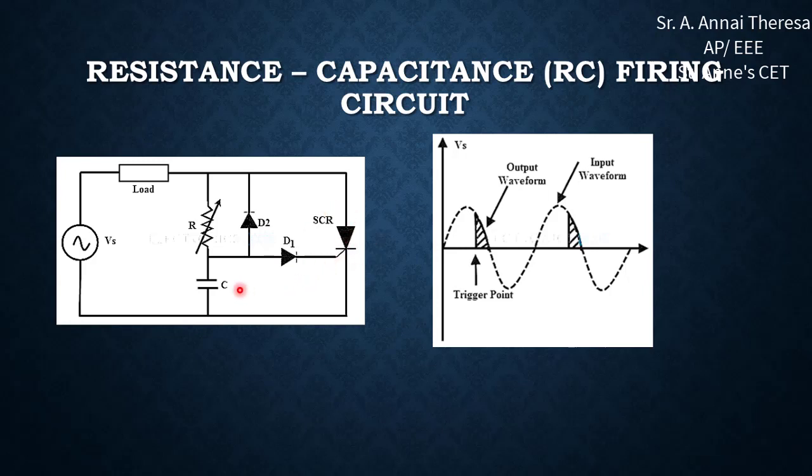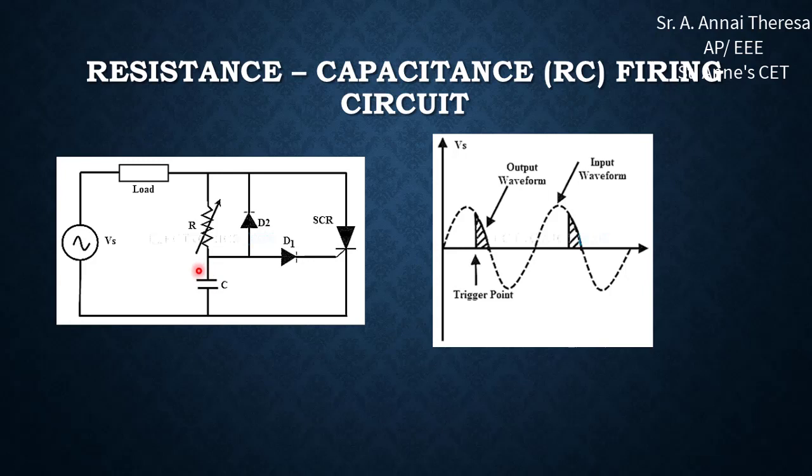When the capacitor charging voltage is equal to the gate trigger voltage, the required value of the gate current, the SCR is turned on and the capacitor holds a small voltage.